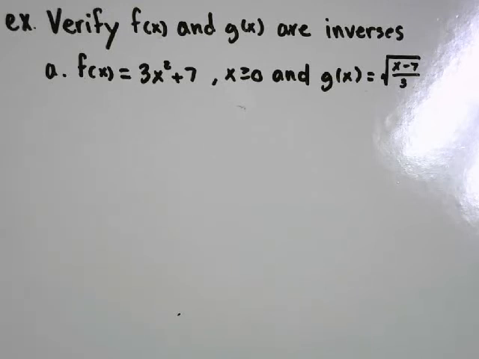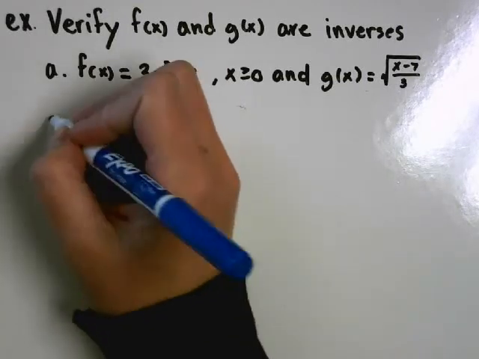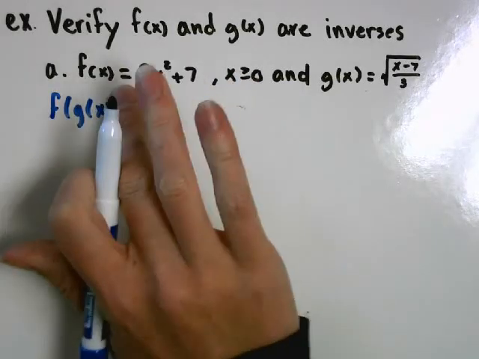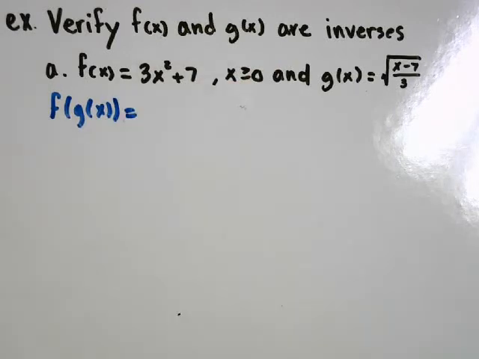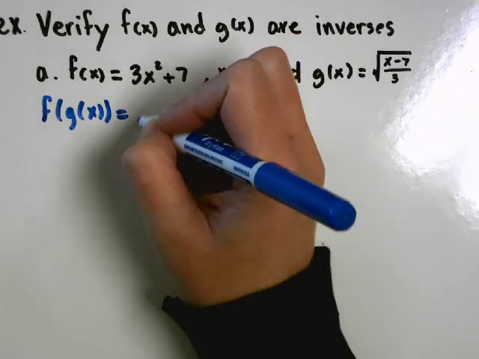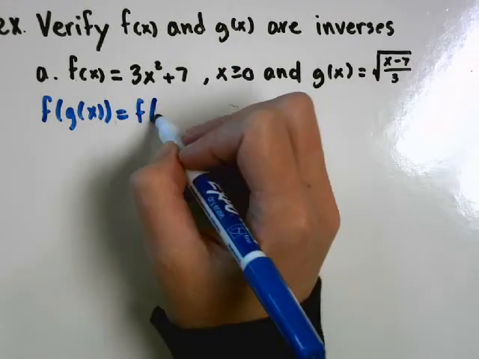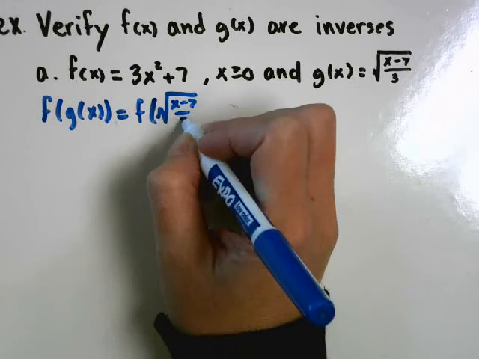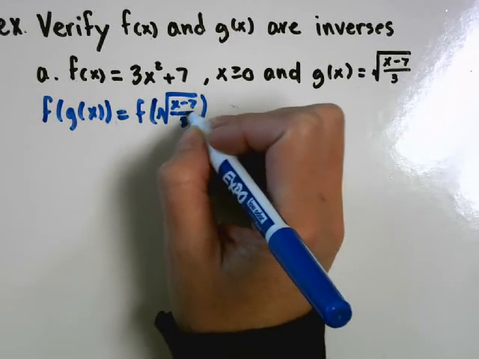So we're going to look first at f of g of x. Okay, so this is going to be f of this whole thing, root of (x minus 7) over 3.